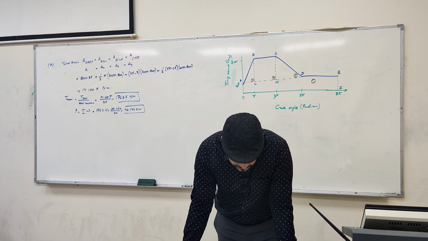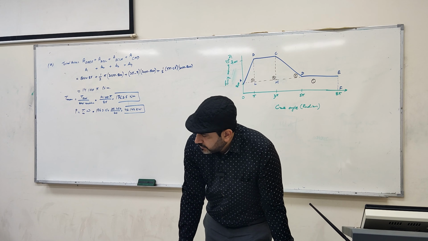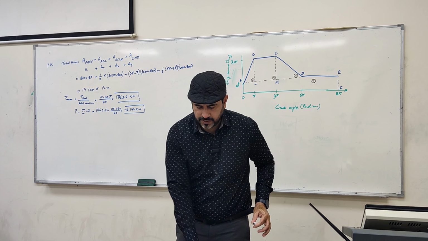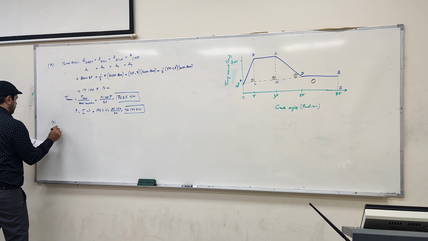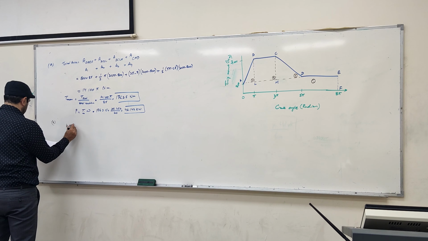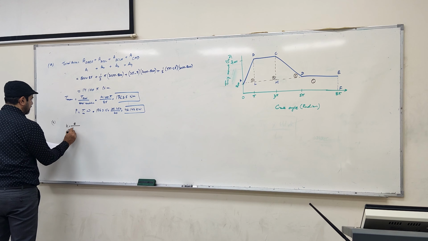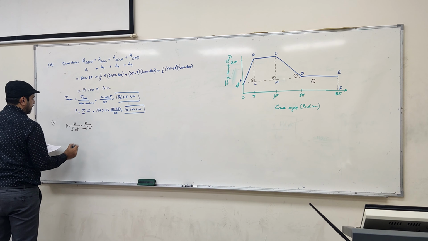So we'll move to the part B. What is part B? Total fluctuation of this. So what is the formula for the fluctuation? The formula was this: E equal to I omega square, which is equal to m radius of gyration omega square.